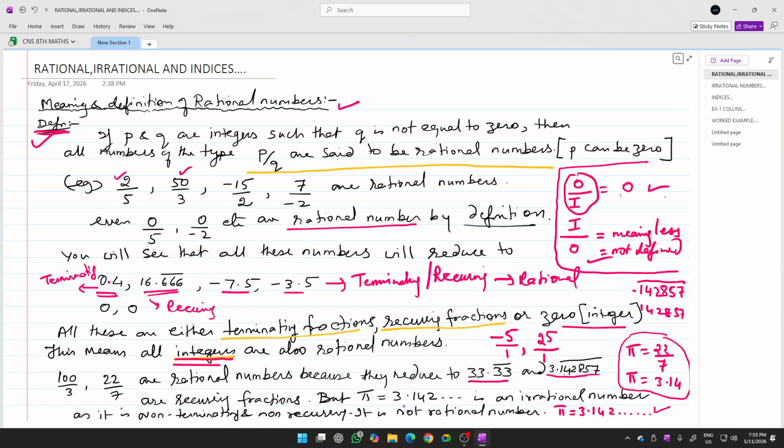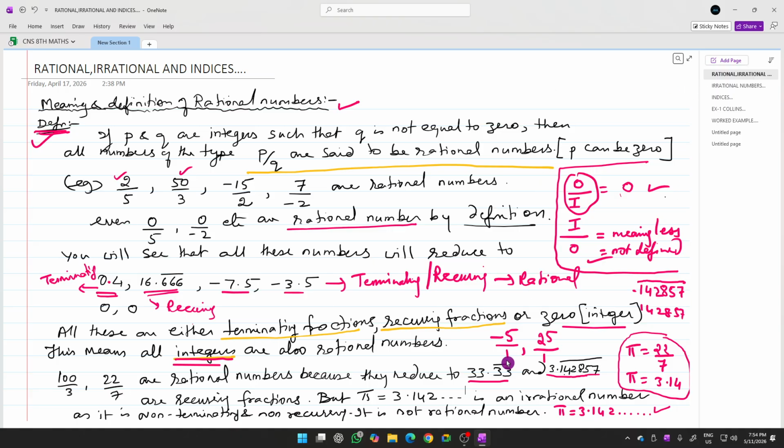But pi equal to 3.142 dot dot dot is an irrational number, as it is non-terminating and non-recurring. Irrational numbers are numbers which are non-terminating and non-recurring. So it is not a rational number, but an irrational number.